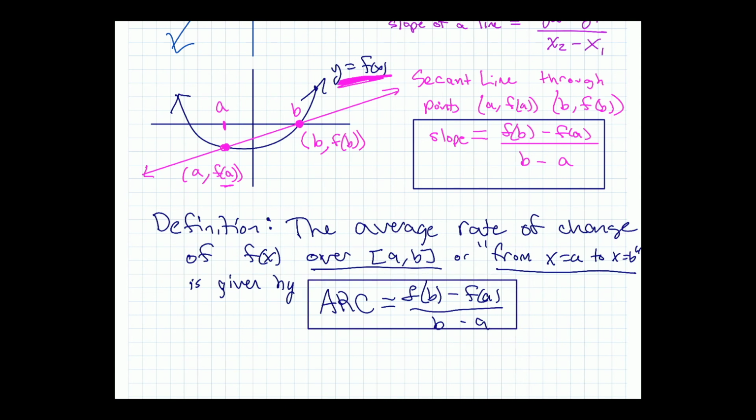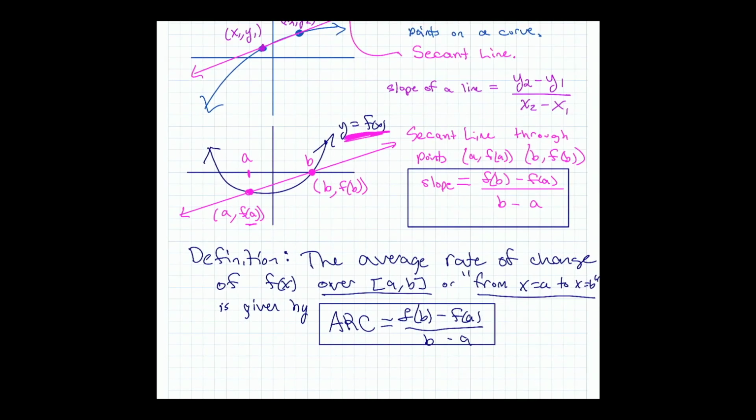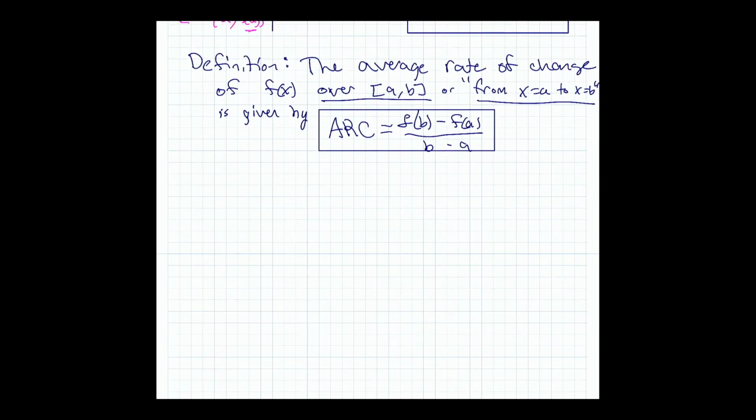Okay, so what have we learned so far? What we've learned is that the average rate of change and the slope of a secant line are really the exact same thing in terms of how you calculate them. Okay, so that's important.